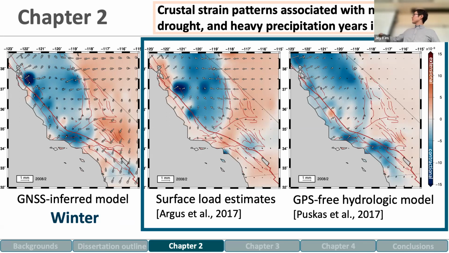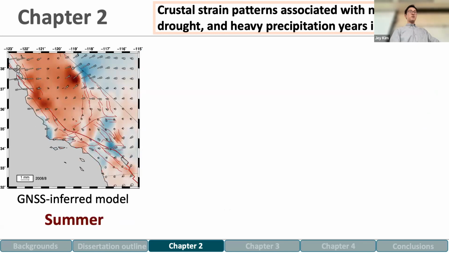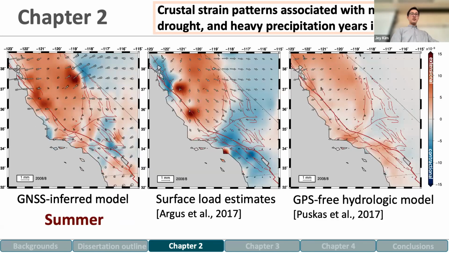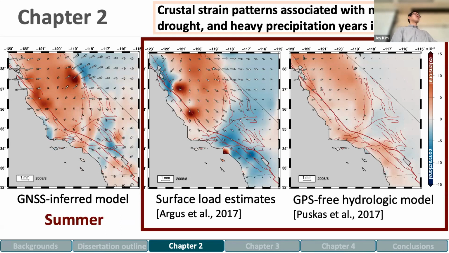And if you focus on the spatial pattern here for winter, they look very similar. And for the summer, I also compared, and they also look similar. Now I just say they look similar, but I did a quantitative comparison in my paper, so I can say quantitatively they are similar.